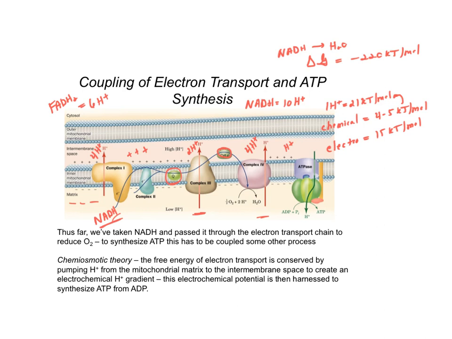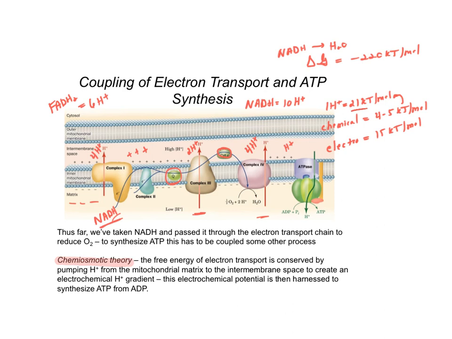Now, we know at this point in time that that is not correct, right? Instead, what is generating this ATP is essentially allowing this proton gradient that we have formed in our electron transfer to come back, to disperse back through the membrane. If it costs 21 kilojoules per mole of energy to get a proton out, how much energy are we going to get when we allow it to come back in? Just the reverse of that, right?